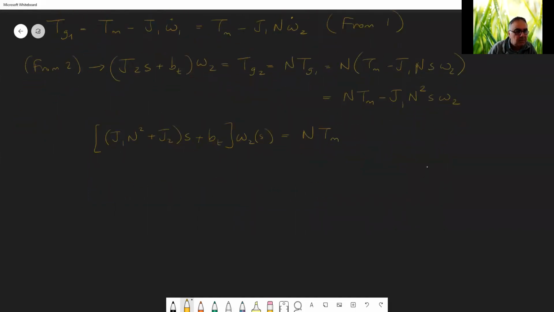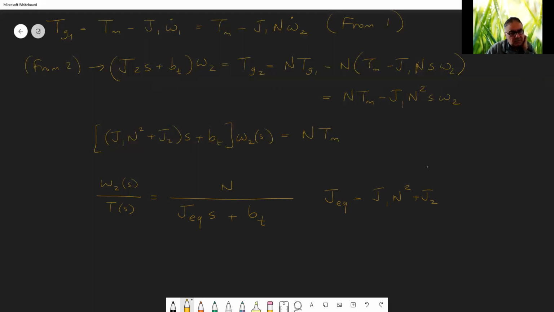So, in this case, omega 2 of S divided by T of S. The equivalent inertia of this system is something like this.